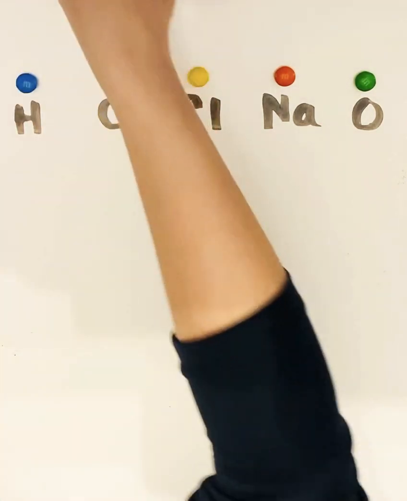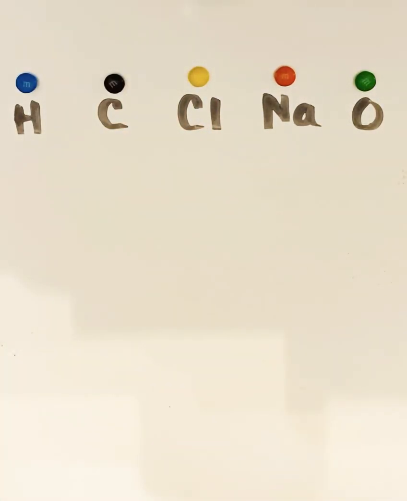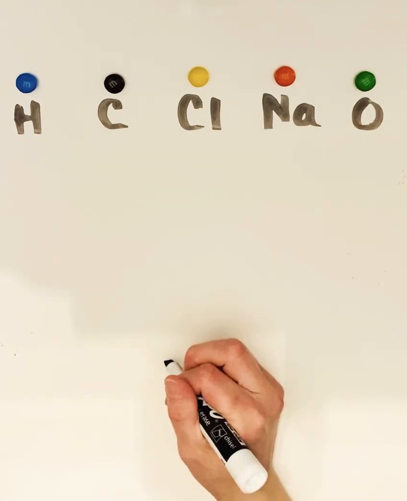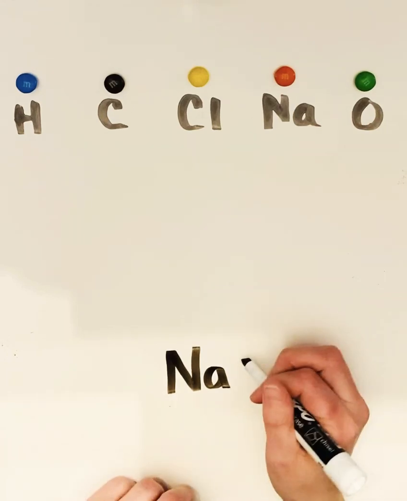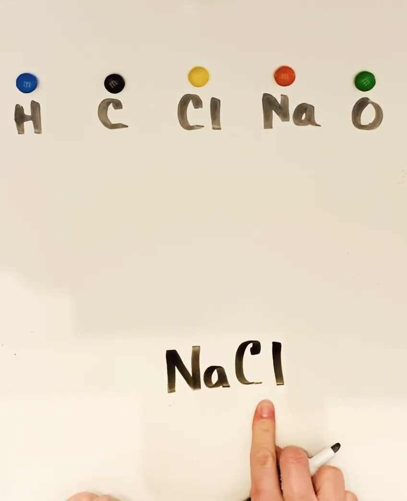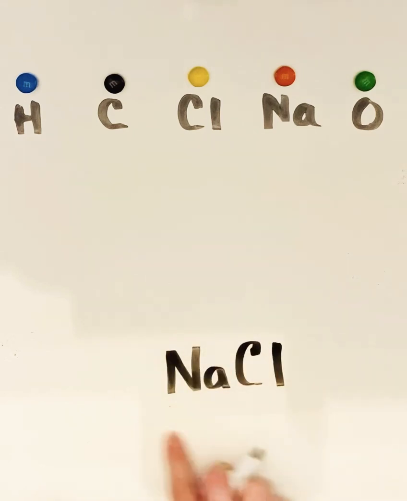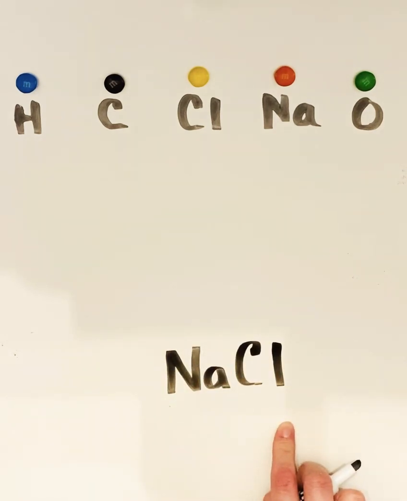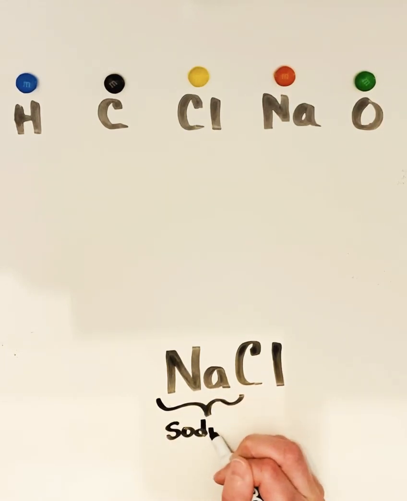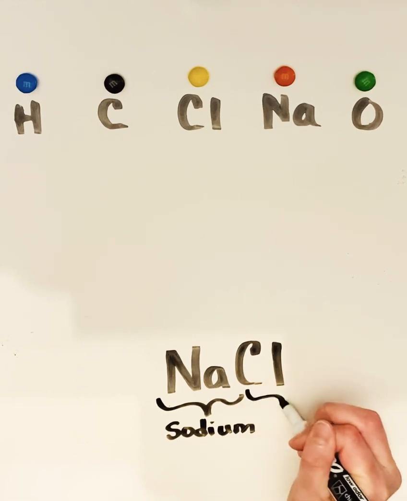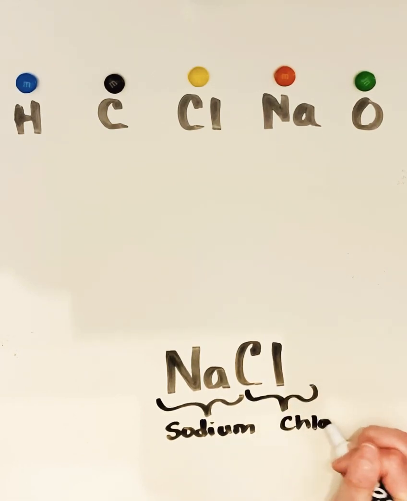So if I were to create a salt compound or a salt molecule, I would need just one atom of sodium, one atom of chlorine. So this is a little bit different than some of the compounds that we've been looking at, because sodium and chlorine have 2 letters to represent the element as opposed to 1. So that can be a little bit confusing. This represents sodium. This represents chlorine.